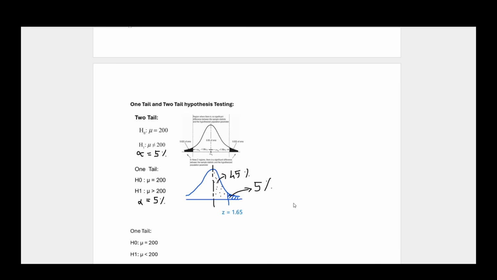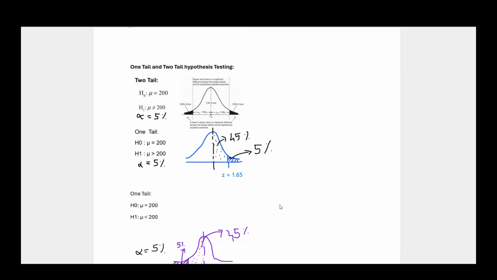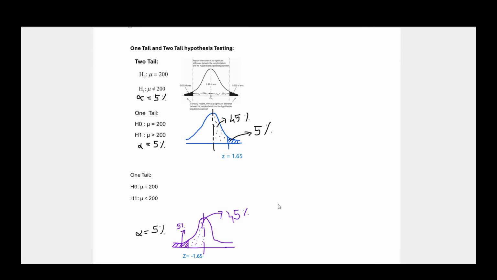Suppose our hypothesis is that the mean has dropped and it is less than 200. Then our rejection area will be on the left side, and this left side is your rejection area, 5%.